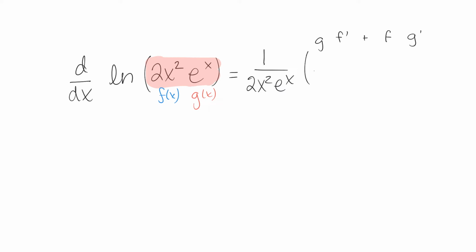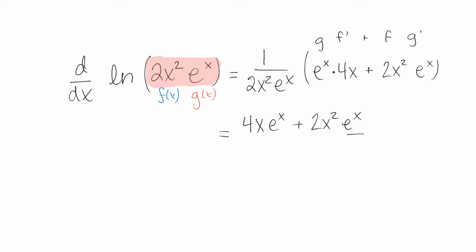So g e to the x, f prime 4x, plus f 2x squared, g prime e to the x. Okay, line it all up. Let's rewrite that, sorry. 4x e to the x plus 2x squared e to the x over 2x squared e to the x.